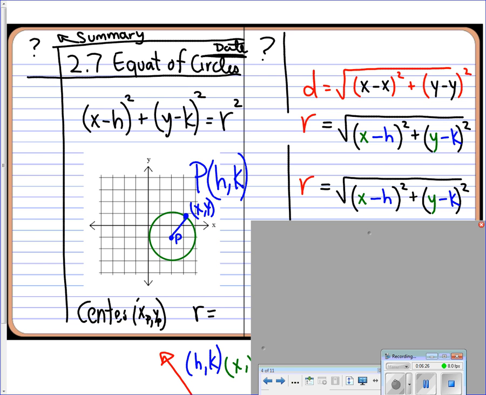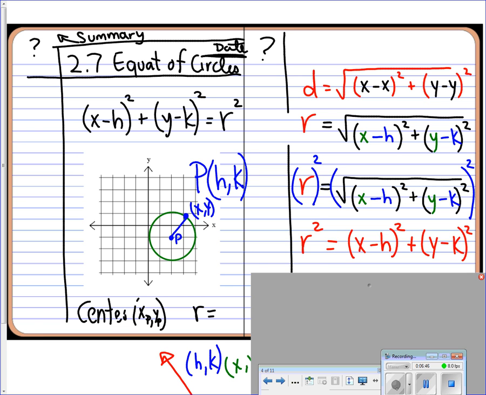So what I want to do is get rid of that square root bar. To do so, I'm going to have to take the square and apply it to both sides. If I take the square of the square root, it disappears. We've done that several times now. So I square both sides, and when that happens, I end up with this: r squared equals x minus h, remember that h represented the x coordinate of my center, and then plus y minus k squared.